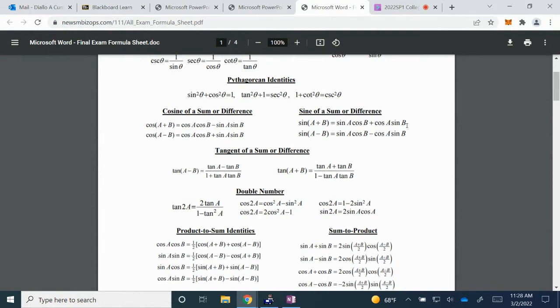You only need to know how and when to use the formulas. So I'm simply going to rewrite this formula right above our given problem.